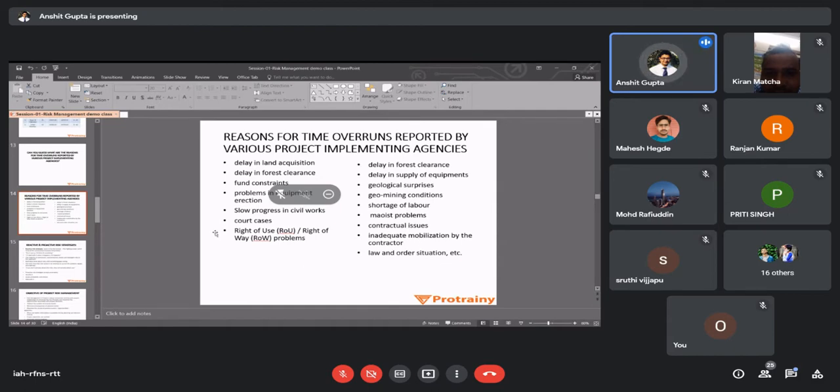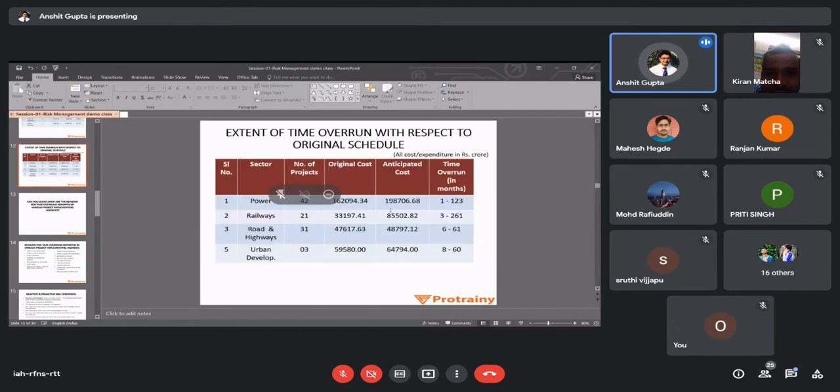So I am not saying that these delays can be 100% eradicated by risk management.